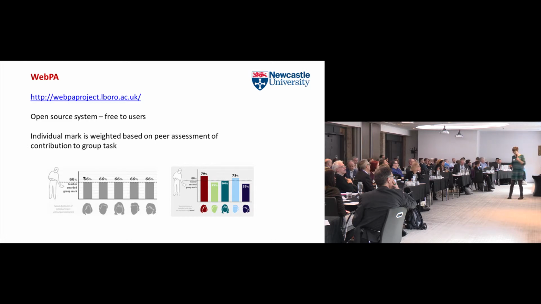So the diagrams you can see here sort of sum it up. So, oh dear, I've done the fatal mistake of switching it off. There we go. So if, for example, you award a mark of 66% to the group, and then they go off and score each other on various aspects of their contribution, I'll come back to that in a moment, then there may be a couple of individuals in the group who the group decide have put in more over and above their share of the work, and they will end up being assigned a slightly higher mark than the others, and those who have contributed less will end up with a slightly lower mark.